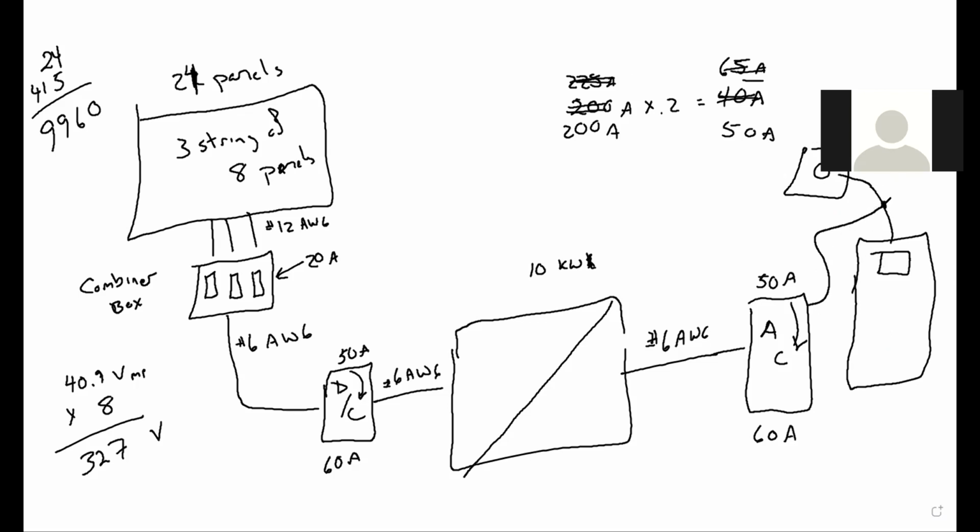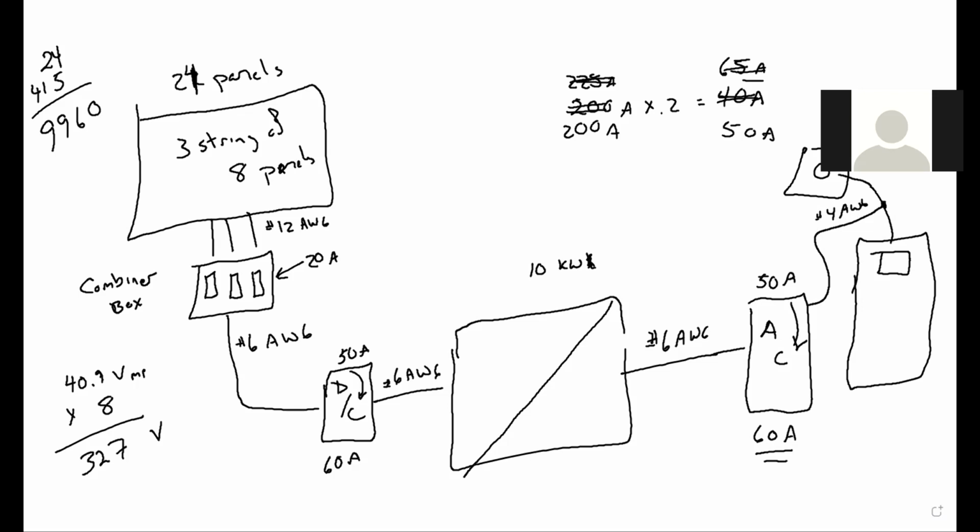And we could tap into there, and that gets into the 10-foot tap or the 25-foot tap rule. But the minimum issue that we run into is that the disconnect has to be at least 60 amps, and the rating for the wire has to be at least 60 amps. So we couldn't use number 6. We'd have to go up to 4 gauge minimum. I'd have to do the 25-foot tap or the 10-foot tap, but this would be our minimum.